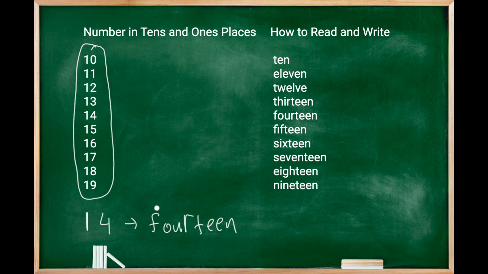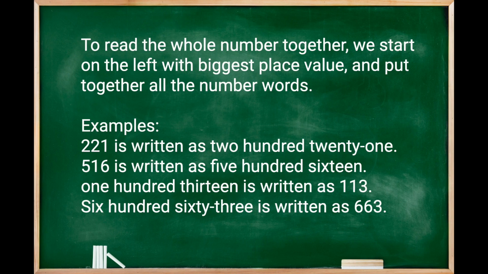If we have these numbers in 3-digit numbers, let's look at those examples. To read the whole number together, we start on the left with the biggest place value and put together all the numbers inwards. Let's say we have 2 in the hundreds place, and we call this 200, and then we know how to read the next 2-digit number.